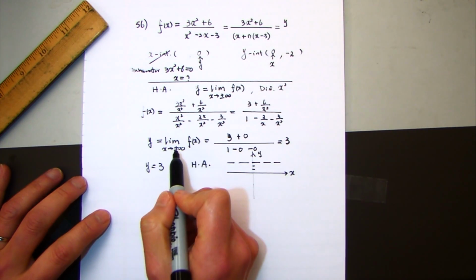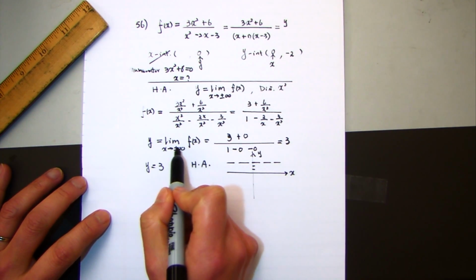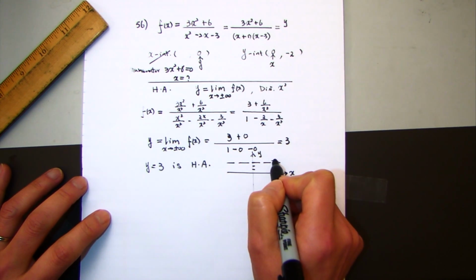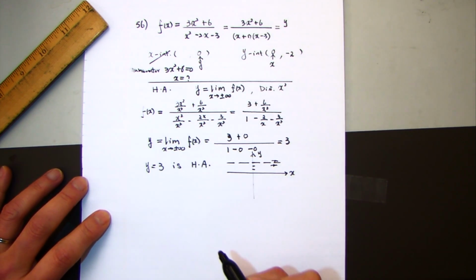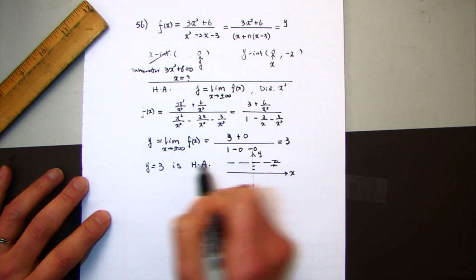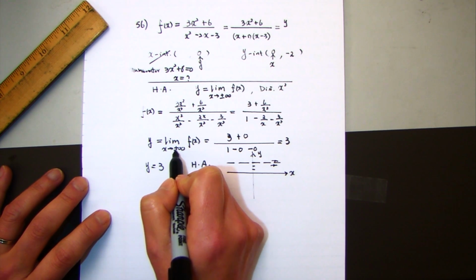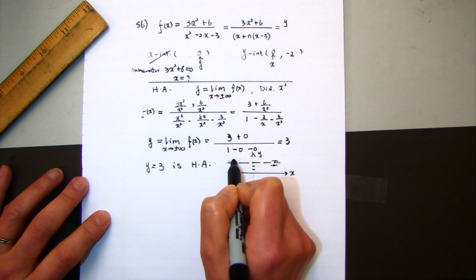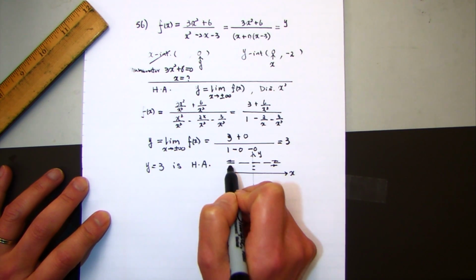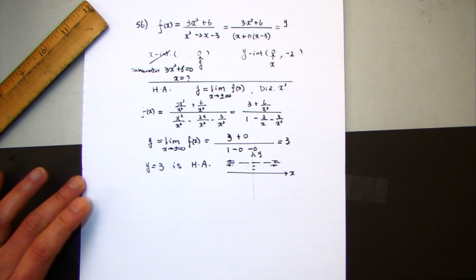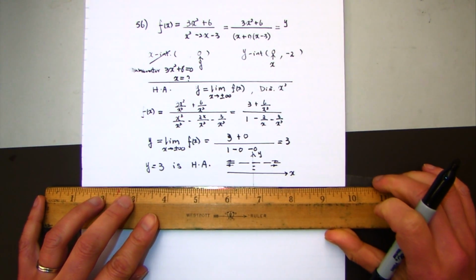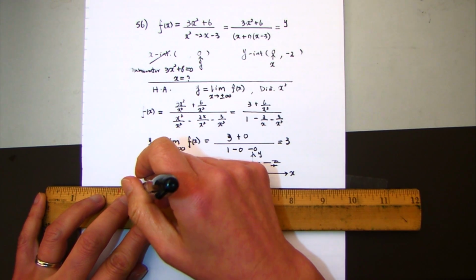When x goes to the far right, to positive infinity, your graph is going to hang really close to it, but not touching it, not crossing it. And I don't know if it's above or below. When x goes to the far left, to negative infinity, your graph will get really close to 3, but not touching, not crossing. So let's just keep this for later. What now?